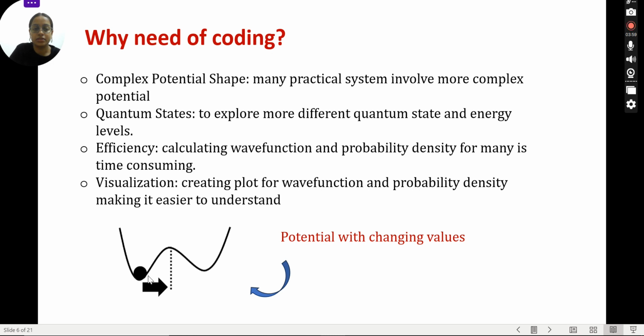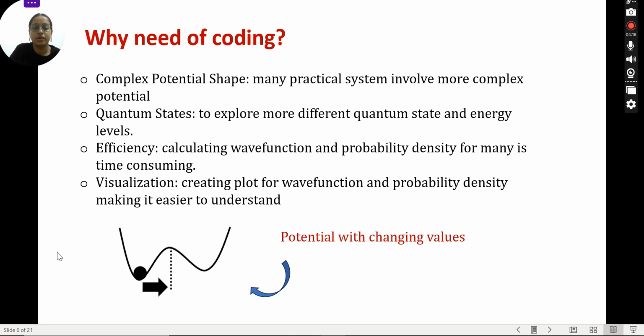Like here, we can see that the potential is at a minimum, then it increases, then decreases, similar to that. So in that case, manual calculation will not be possible, so we will need the help of coding.